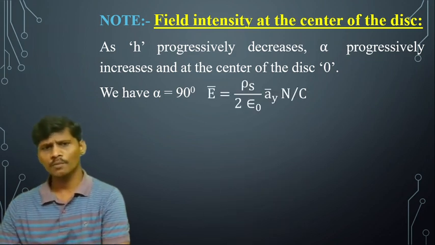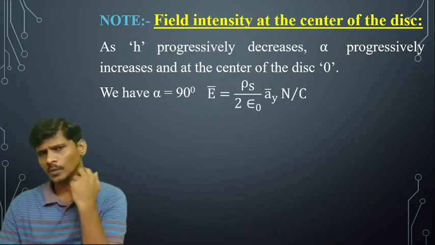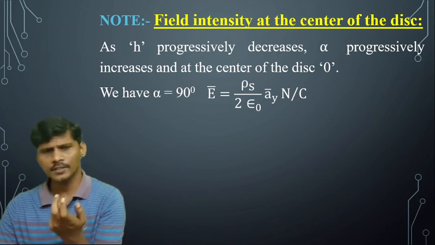Substitute alpha equal to 90 degrees into the above equation. Cos 90 degrees is equal to 0.